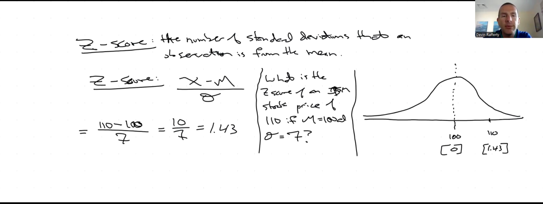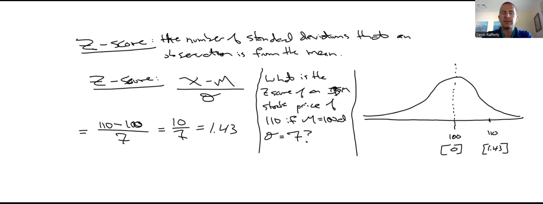So what this is trying to tell me, okay, is that, hey, Devin, if you have a stock price that is $110 and the average is 100 with a standard deviation of 7, would that stock price of 110 be like normal? Would it be above average? Would it be below average? Would it be way above average? Would it be way below average?